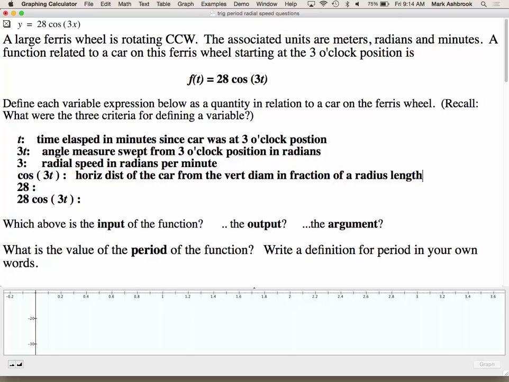Okay, what is 28? It's the radius length of the wheel. Now if you take the radius length of the wheel and multiply it by the fraction of the radius length that you are to the right or left, what do you get?